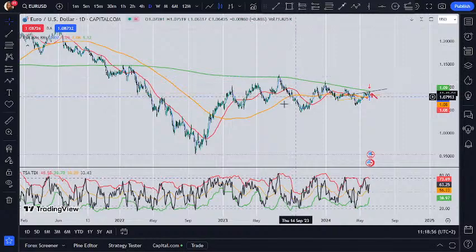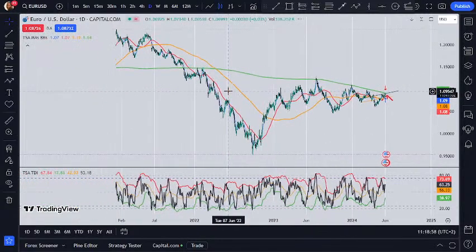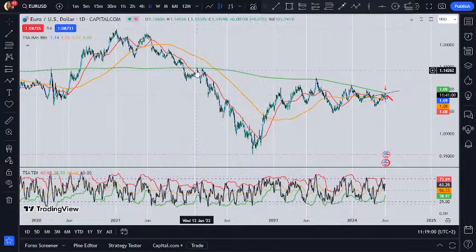You can see that price has been reacting on them. How the moving average works is that price in most cases will react to the moving average and get back to the trend. So it's essentially more like a trend line as well.